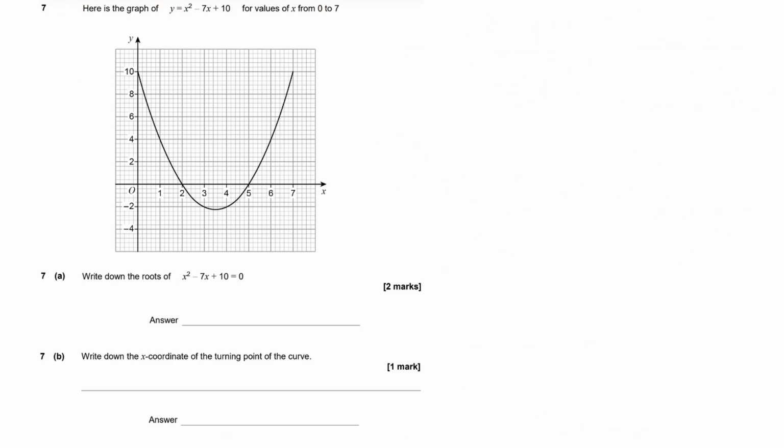So, okay, let's do something like this. How would we work out the roots of x squared minus 7x plus 10 is equal to 0? The roots are simply when, not when x, when y is equal to 0.